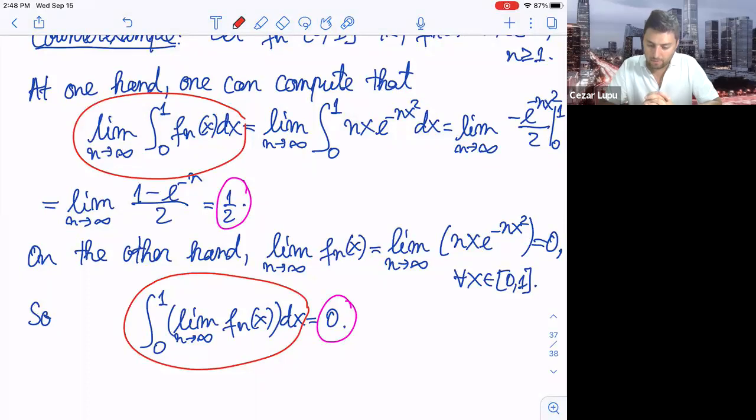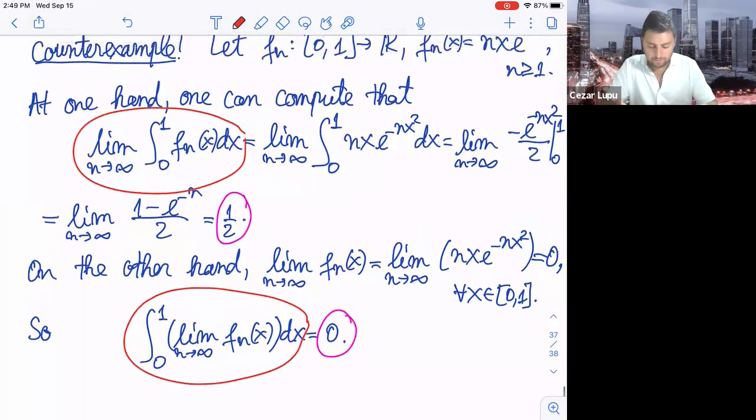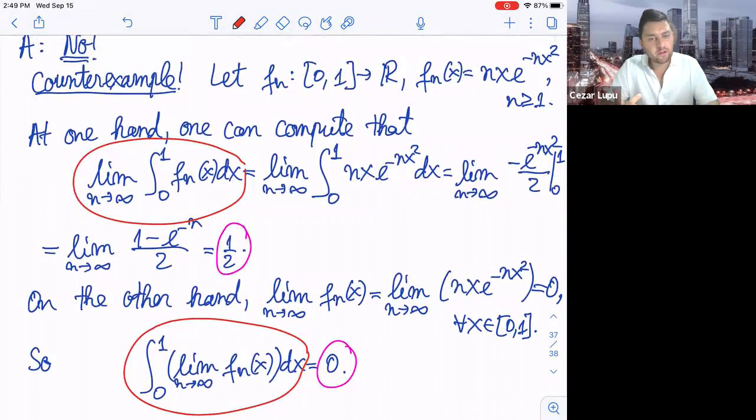All right, but now, like I said, uniform convergence is pretty restrictive. Now the question is, can we add another condition?